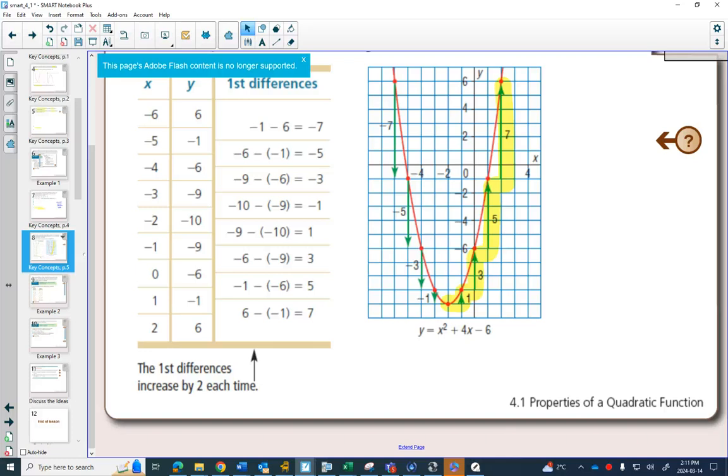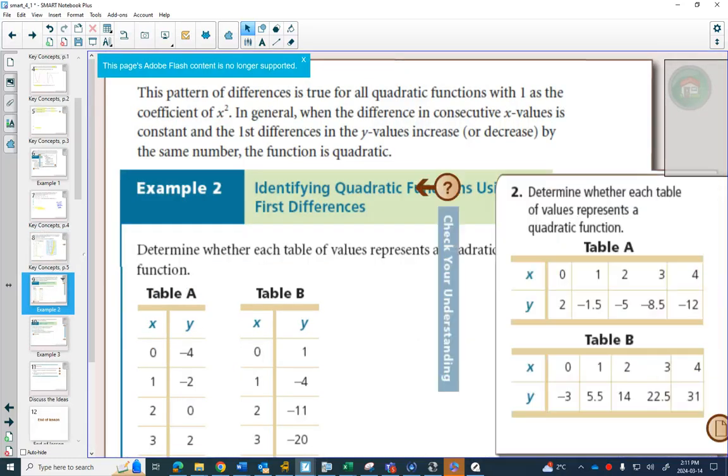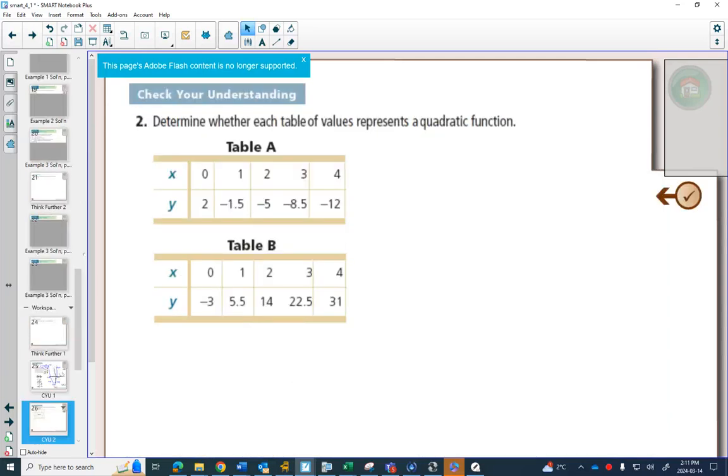So with that, the question in question number 2 is, if you had a table, could you tell whether or not these are quadratic functions? And we're going to use that pattern of +1, +3, +5, +7 to check.